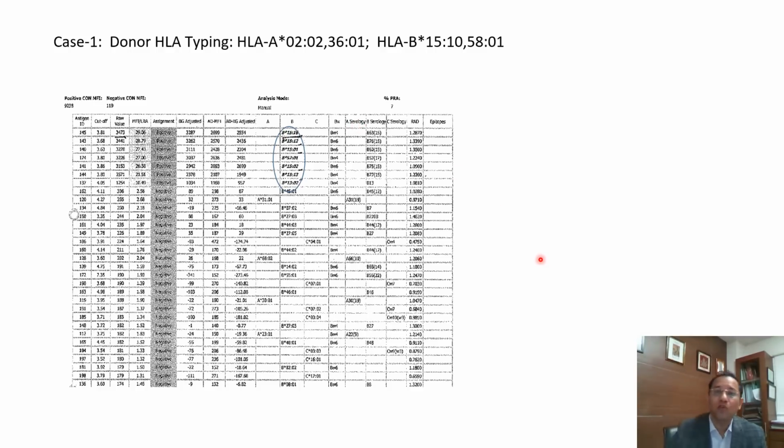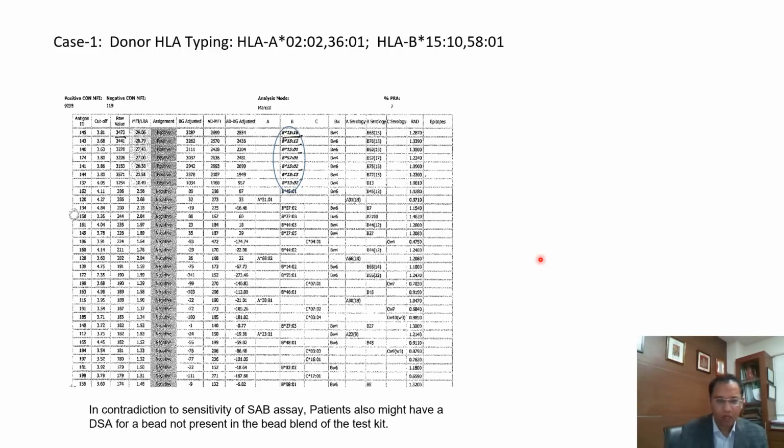But that doesn't mean that you do not give the report as positive, because once this patient goes for a transplant, more often than not, he or she will have a rejection. So in contradiction to the sensitivity of the SAB assay, a patient may also have a DSA for a bead not present in the bead blend of the test kit. So B1510 is not present here, so you can't comment whether it's positive or negative.